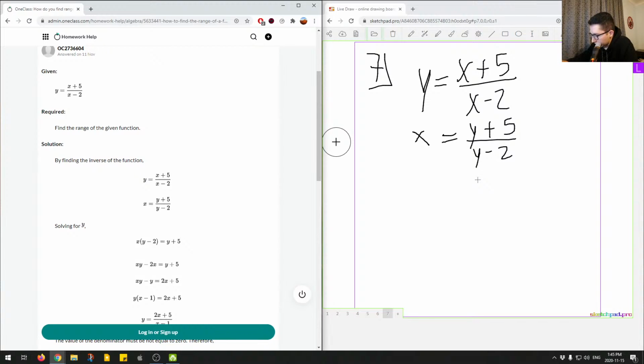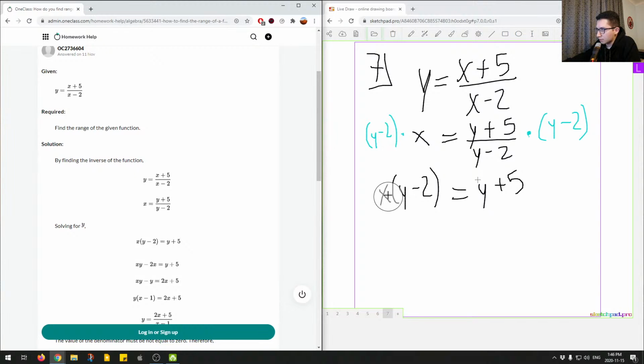So let's use a different color over here. Times y minus 2, and we end up with x times y minus 2 is equal to y plus 5.